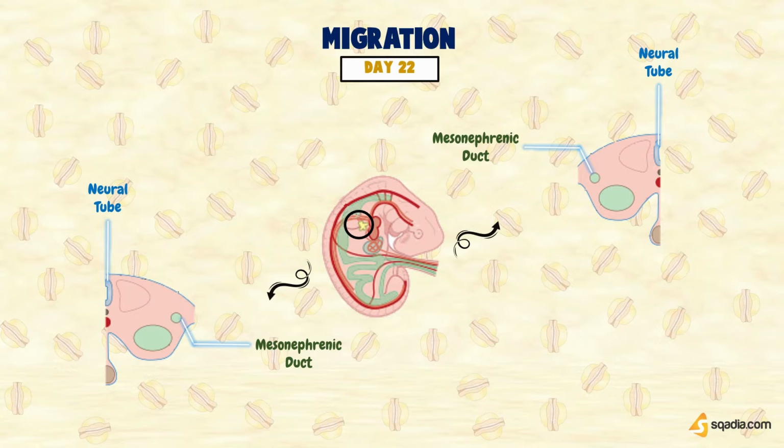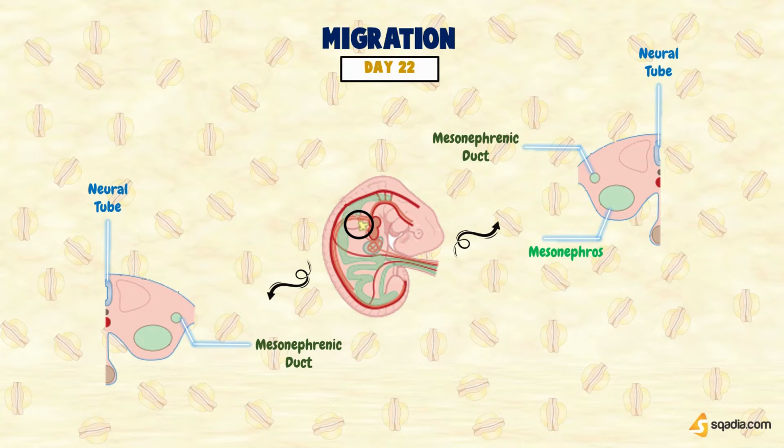composition of semen. In contrast, in female embryos, the mesonephric ducts undergo degeneration and do not contribute significantly to the development of the reproductive system. Instead, female embryos develop Mullerian ducts, which give rise to structures such as the fallopian tubes, uterus, and upper part of the vagina.